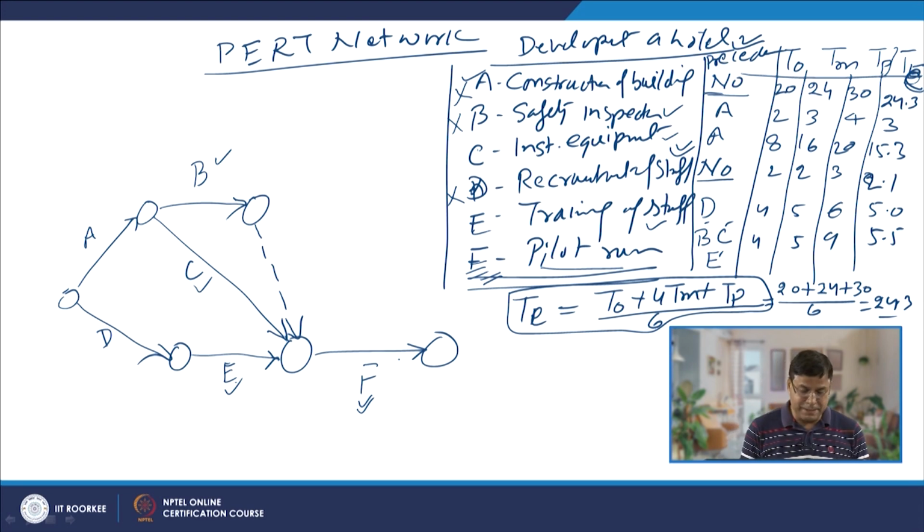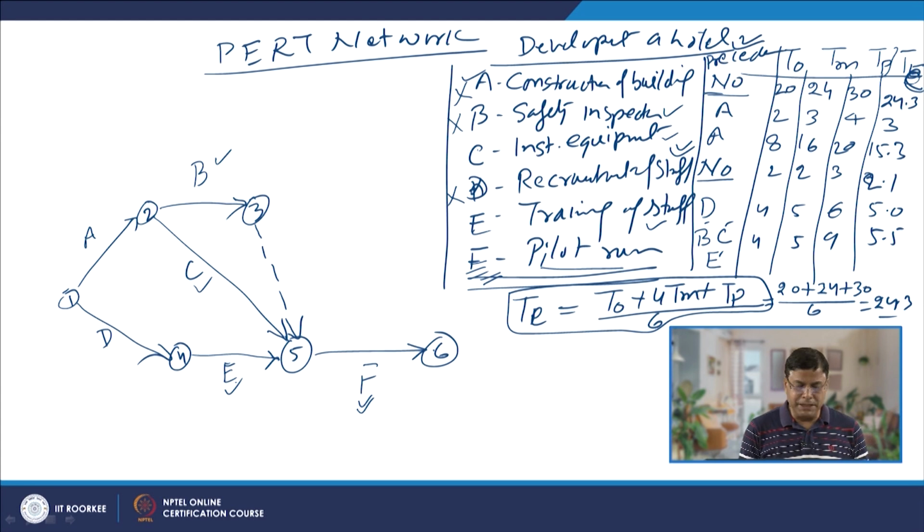Just for simplicity, we can also name these various nodes 1, 2, 3, then say 4, 5 and 6. These are the 6 nodes indicating the start and end of the activities.